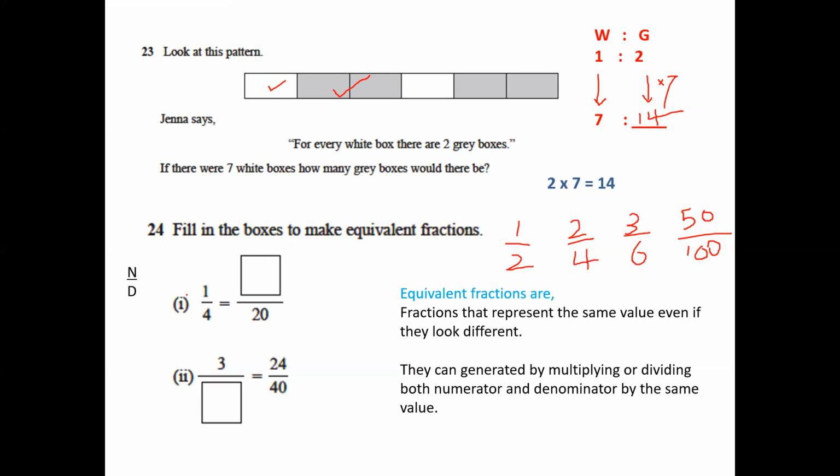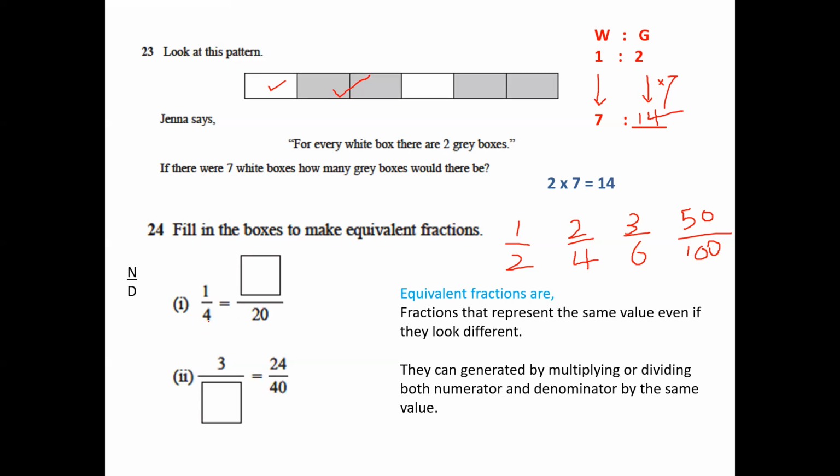So we'll go back to the question. The first one, 1/4 equals, the numerator is missing, the denominator is 20. So you have to find an equivalent fraction for 1/4. I told you, you can get many equivalent fractions by multiplying numerator and denominator both by the same number. You can see both denominators are given.